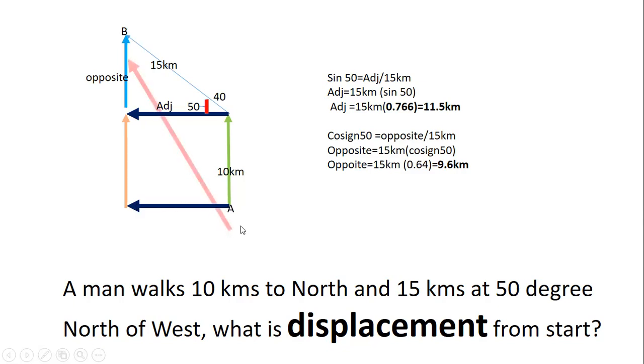The red line is the line we are asked to calculate, the total displacement between point A and point B.